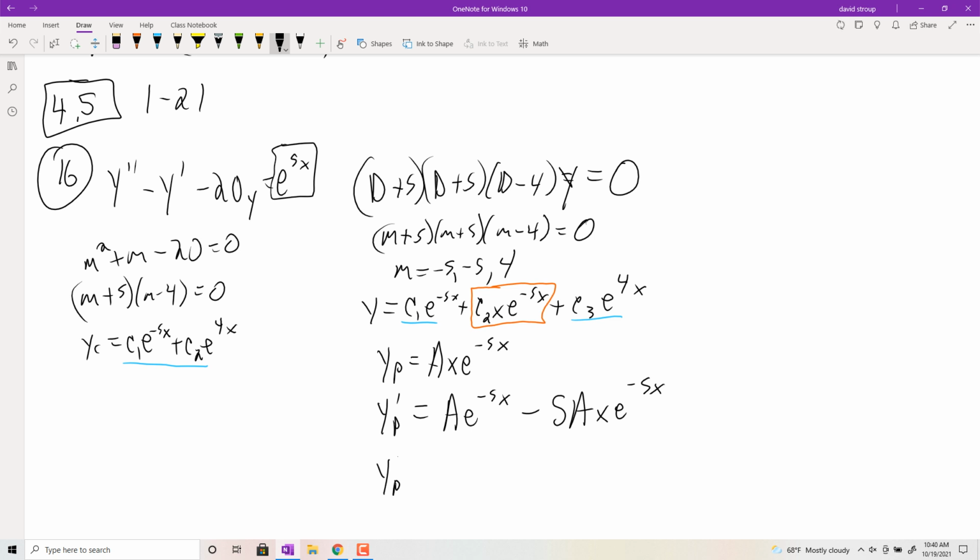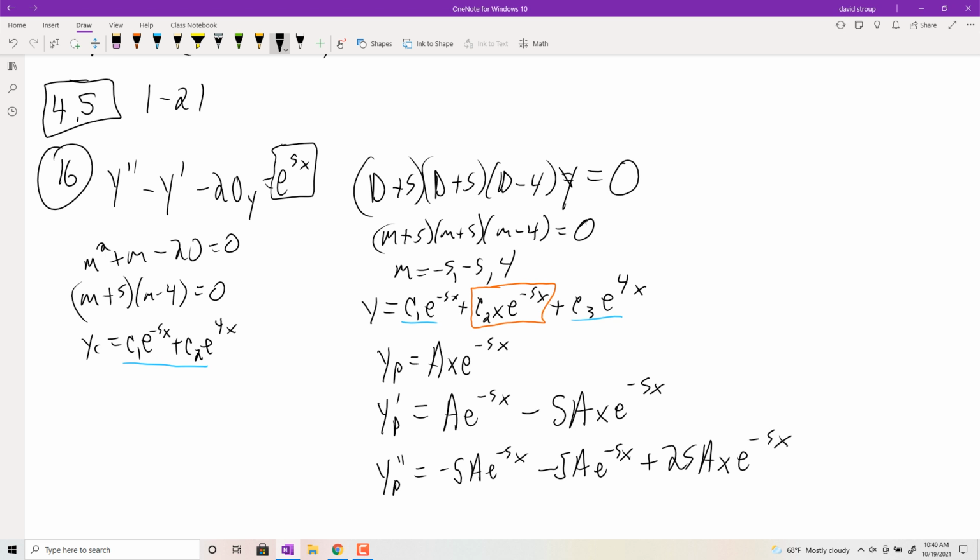Then second derivative, the derivative of the first part is negative 5a e to negative 5x. Then the derivative of the second part, negative 5a e to negative 5x, and then plus 25a x e to negative 5x.